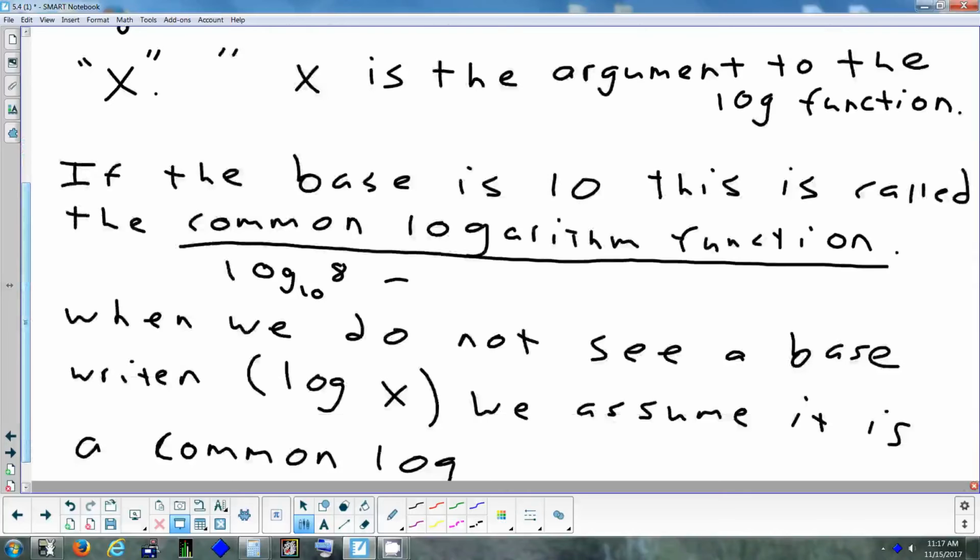Now, another way you can write that is you can just leave the base off. This is the only type of log you can leave the base off, the common log. If you write the word log and you don't put a base, it's always assumed you're doing it with a base of 10.